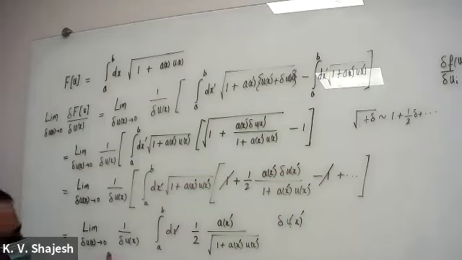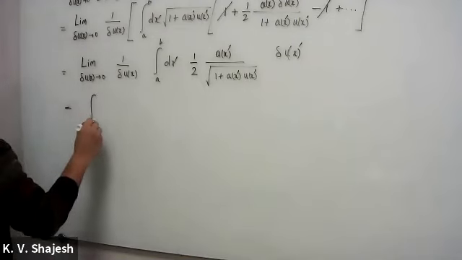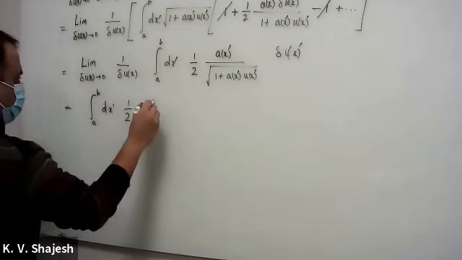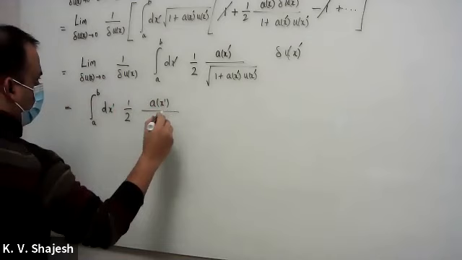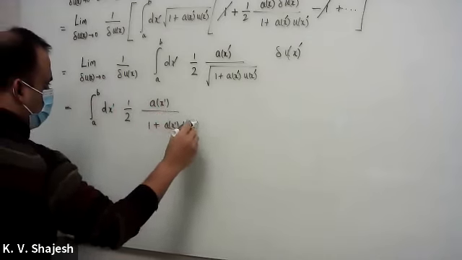At this stage, I take this inside. So that is the similarity from this point on. I had gone beyond the board space. Okay, so that's equal to integral a to b dx prime, 1 by 2 a of x prime over 1 plus square root.